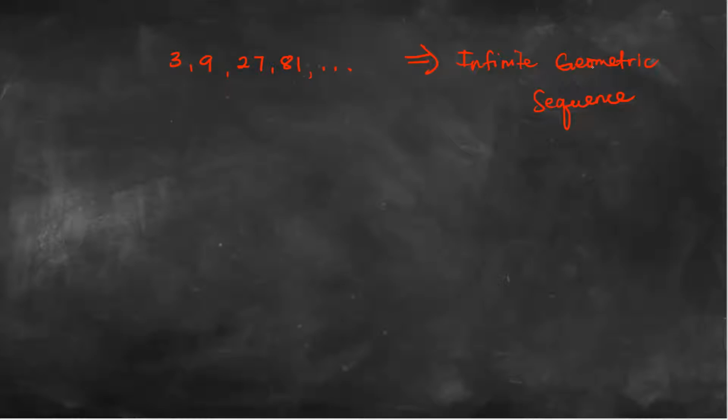We will determine the common ratio here by dividing the second term by the first, or the succeeding term by the preceding term. So again, the common ratio is simply denoted as R, which is equal to the succeeding term over the previous or preceding term.